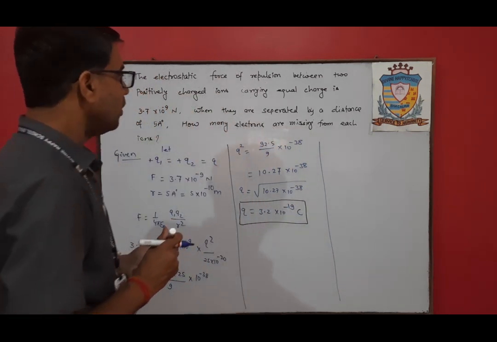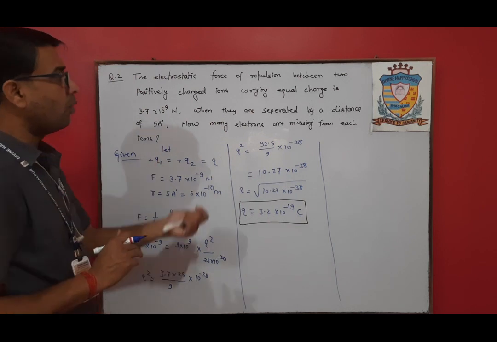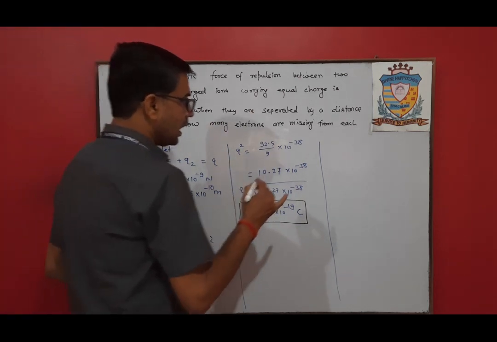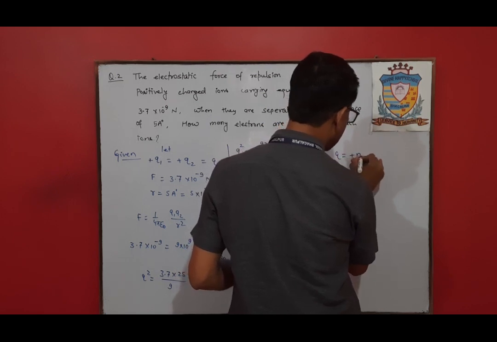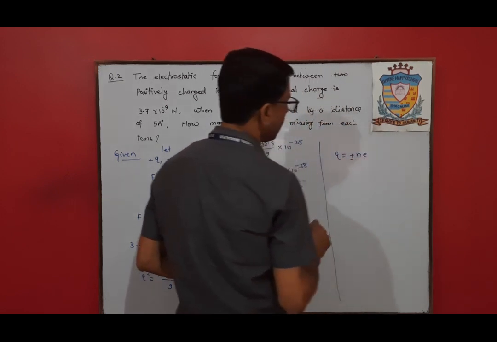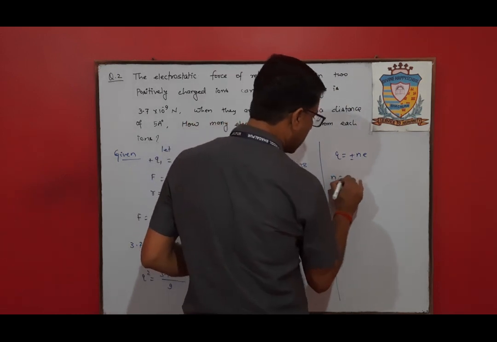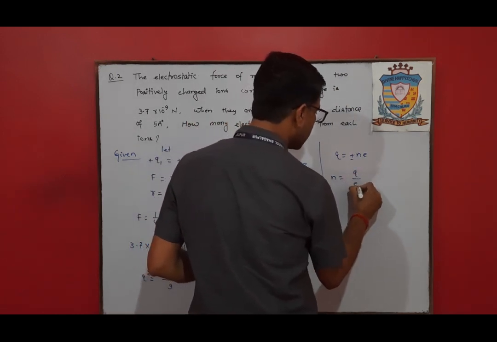Now we have to find how many electrons are missing. As we know, from quantization of charge, Q is equal to plus minus ne. So n is equal to Q by e.